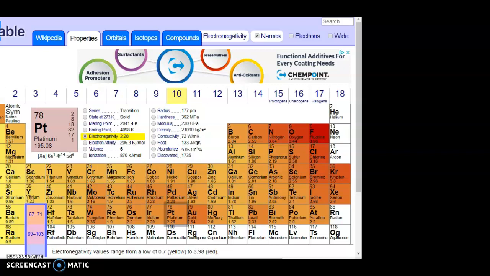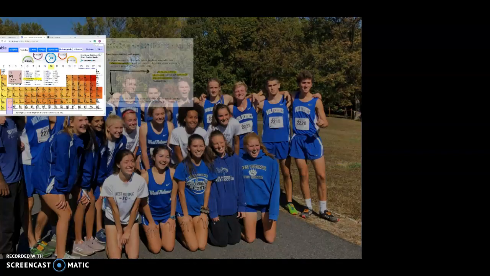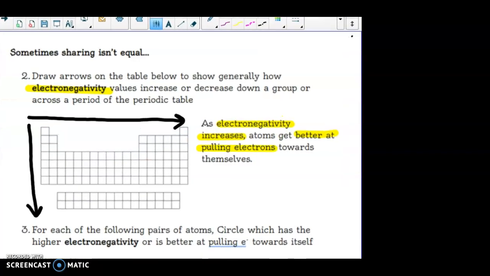As we go down a column or a group of the table, the values tend to decrease. And we can generally assume that this is true. So going down the table, we can assume that electronegativity is also going to decrease. Things get worse at taking electrons from other things as we go down the table.